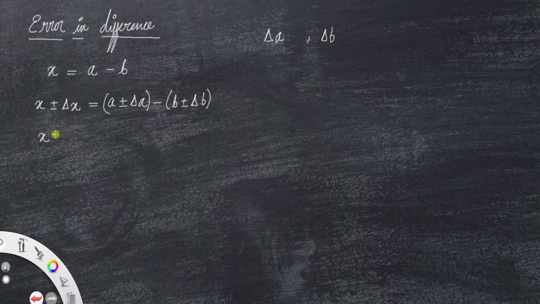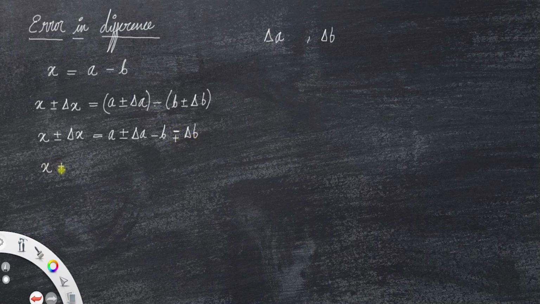Now we can write this as x plus or minus delta x is equal to, you can remove the brackets, so it will be a plus or minus delta a, minus into plus is minus b. So minus into plus or minus: this minus and this plus will become minus, and this minus and this minus will become plus. So it will be minus or plus delta b.